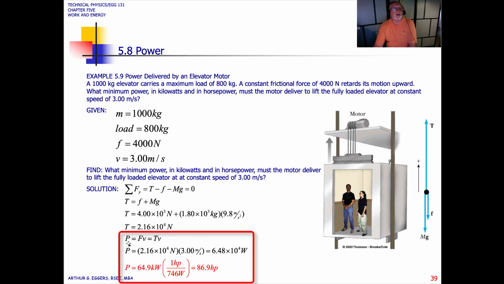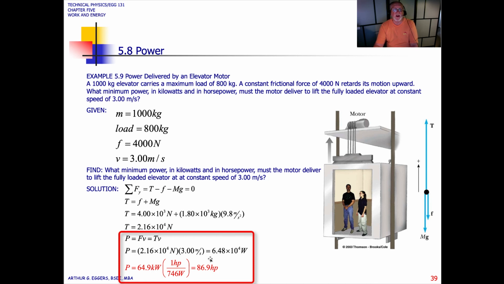So now let's look at power. We just said power is equal to force times velocity, and our force in this case is the tension in the cable. So the tension times the velocity. We just solved for that tension, 2.16 times 10 to the fourth newtons, and the velocity of interest in this problem is 3 meters per second. So 6.48 times 10 to the fourth watts becomes our power.